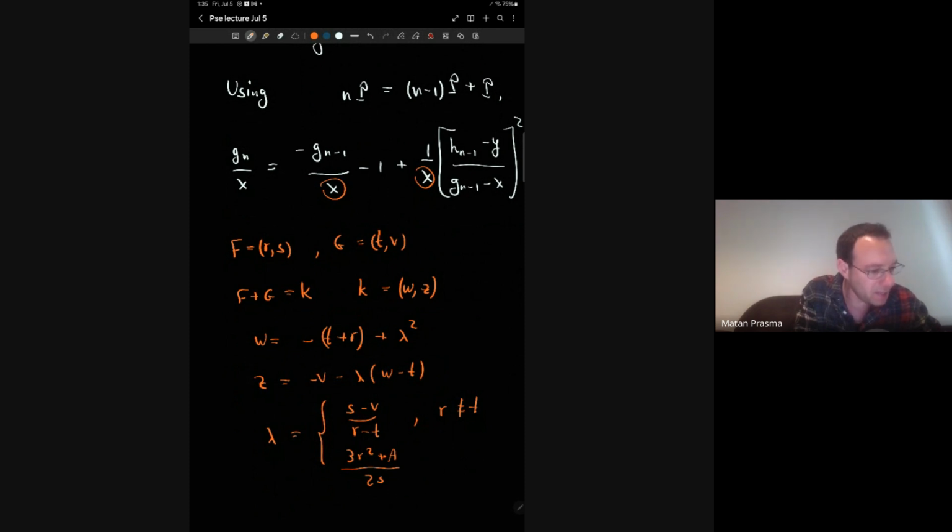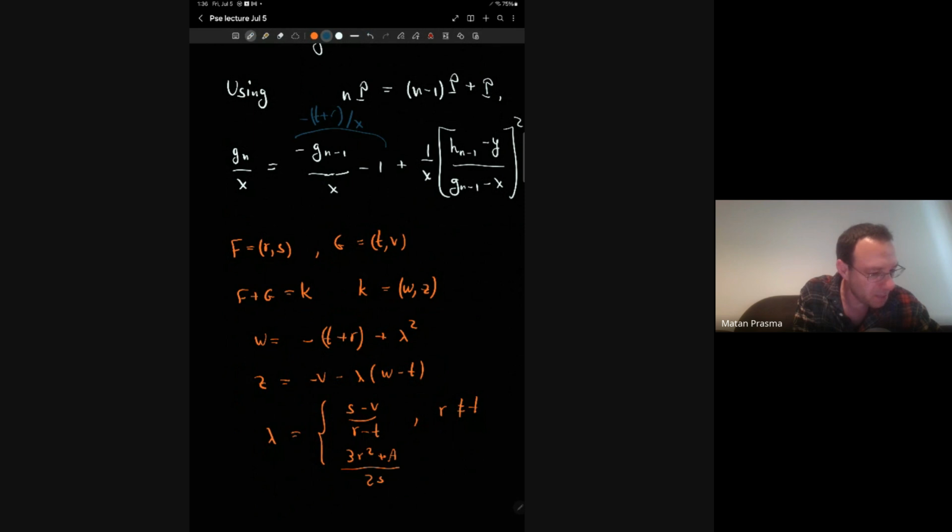And what I did here is I took these formulas and I divided everything by x. So let me just write it slightly better. I have now n minus 1 p plus p. And I need to take minus, this part is minus t plus r, and of course divided by x.